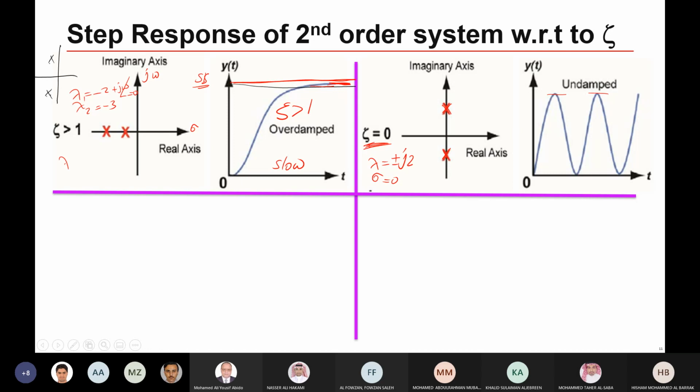Okay? Okay. Nasser Hakami? Yes, doctor. When we say this, we are talking about the controller response, yes? Yes. So if this one is a frequency response or let us say system response.